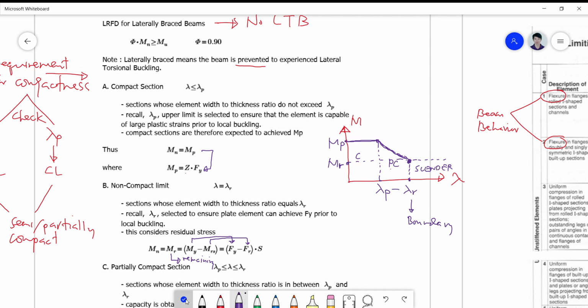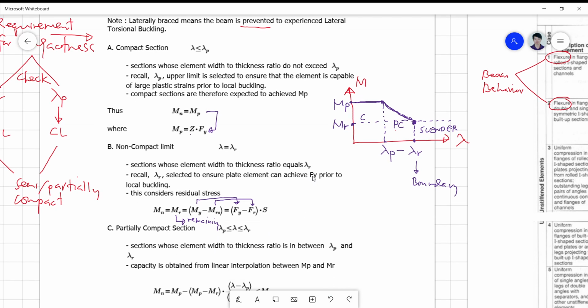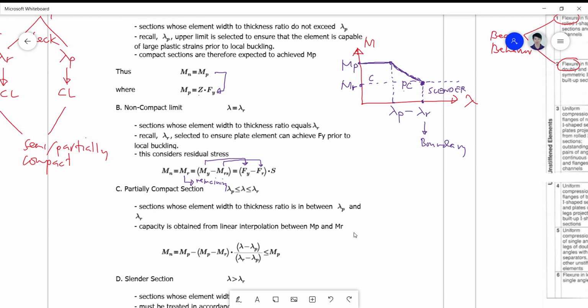And for the partially compact, we have again some conditions to meet. So sections whose element width to thickness ratio is in between lambda p and lambda r, and the capacity is obtained simply by assuming this to be a straight line.